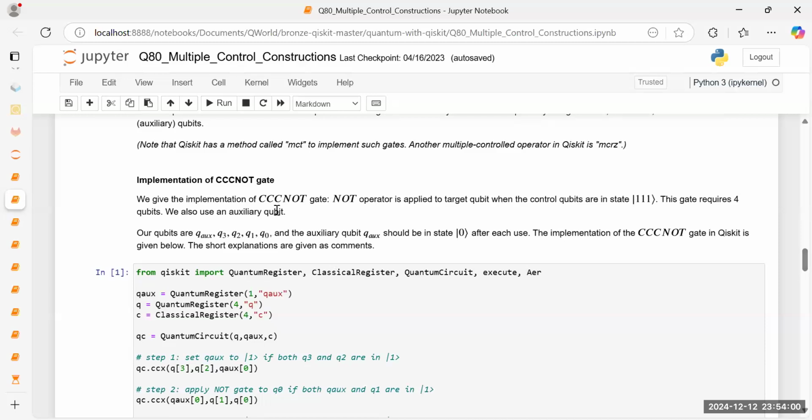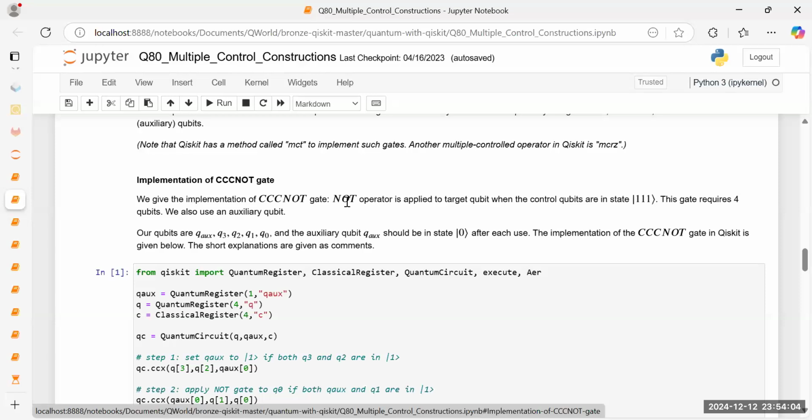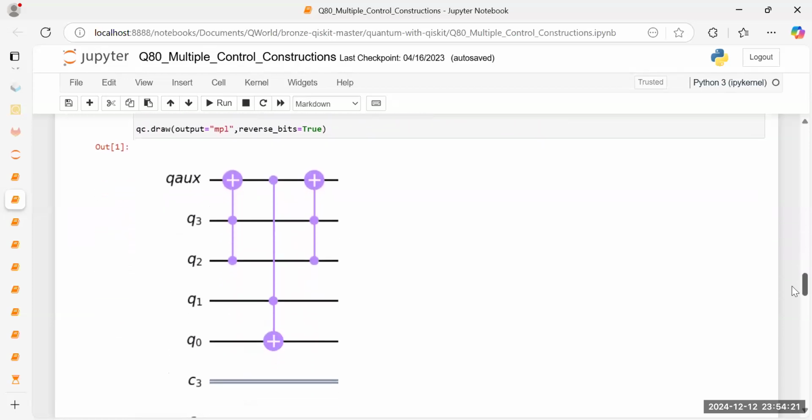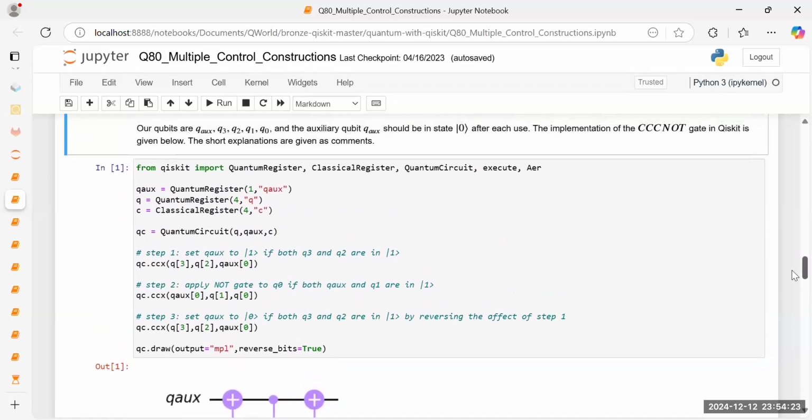And even beyond the Toffoli gates or CCNOTs, we can have CCCNOTs, or even as many controls as we want with the MCT gates. For CCCNOTs, we can actually create this by utilizing the Toffoli gates or CCNOTs.